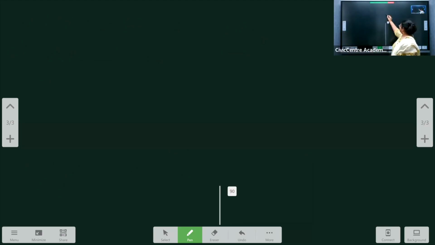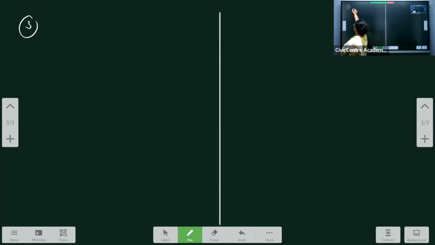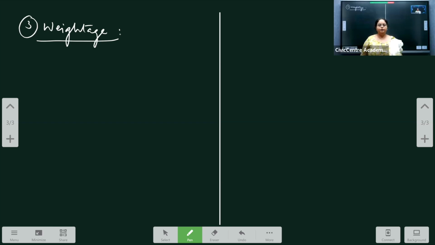Moving on, the next thing to keep in mind while starting the topic allocation is the weightage. Now, what is this weightage? For UPSC in particular, like APPSC, there is no particular weightage for the final question paper.